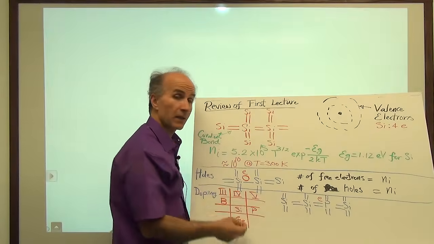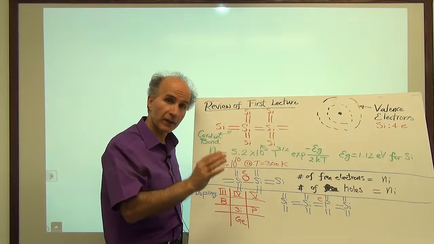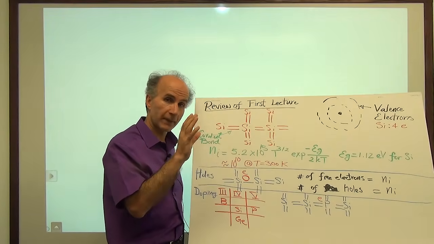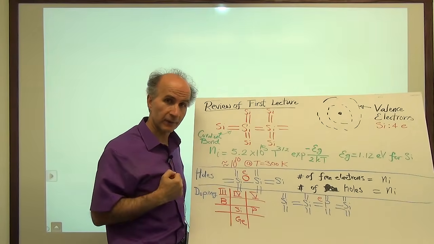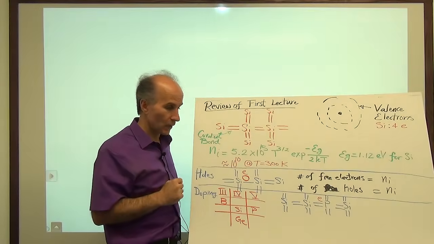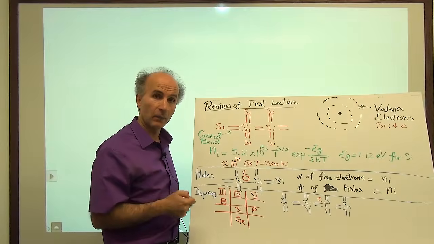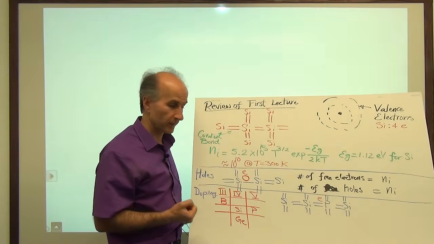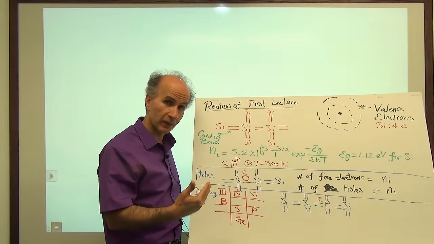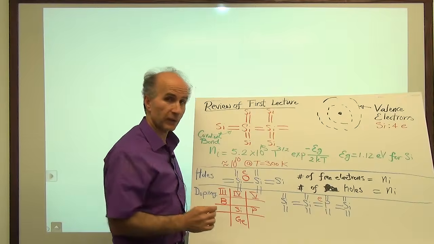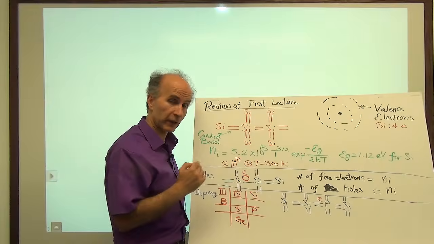And that free electron is capable of carrying current. So if we add a certain number of phosphorus atoms to a piece of silicon, then we create that many free electrons. And that's what we call doping. We can increase the number of free electrons in the material by doping, for example, with phosphorus. If we do that, we call this an N-type material because now it has more electrons. Also, the phosphorus itself is called the dopant or a donor because it donates electrons for current conduction.